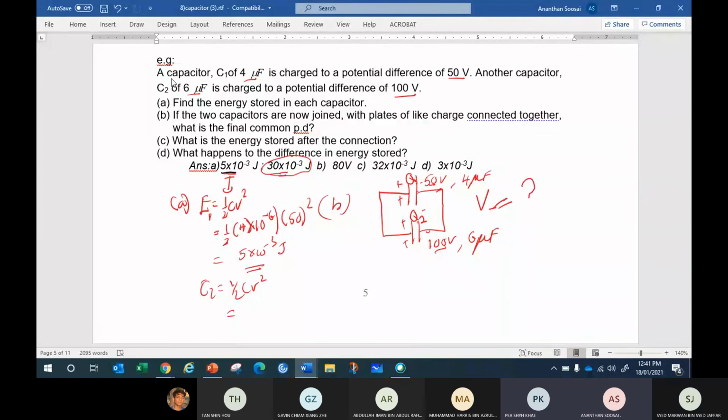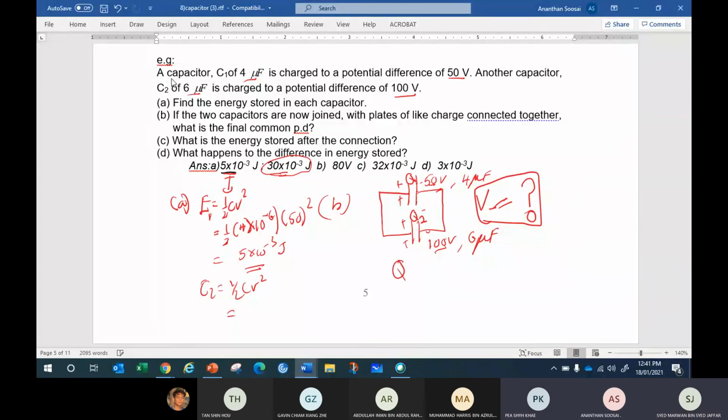Now the question is, at which voltage does the current stop flowing? What is the final common PD? How to find this? What is conserved in this circuit? The charge, right?